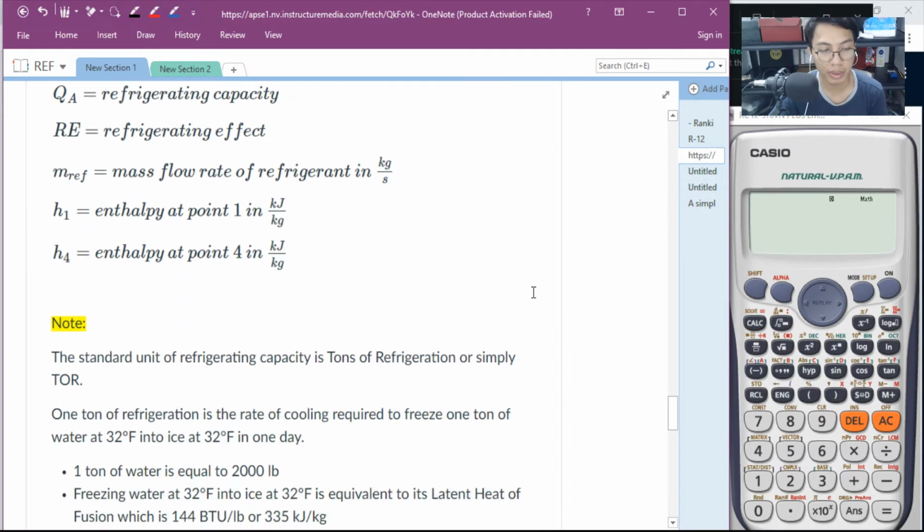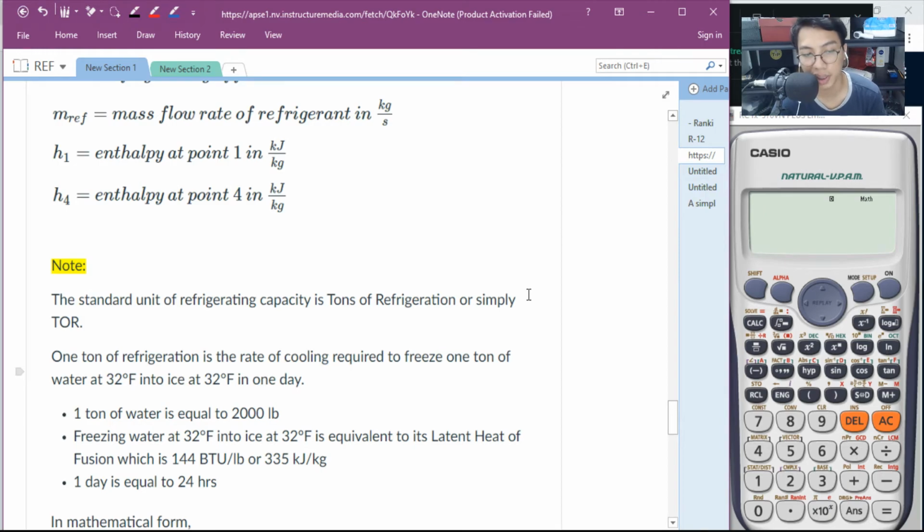Okay? We note that the standard unit of refrigerating capacity in tons of refrigeration, or simply TR, malalaman natin dito mamaya. 1 ton of refrigeration is the rate of cooling required to freeze 1 ton of water at 32 degrees Fahrenheit. Ano ba yung 32 degrees Fahrenheit? That is 0 degrees Celsius into ice at 0 degrees Celsius in 1 day.